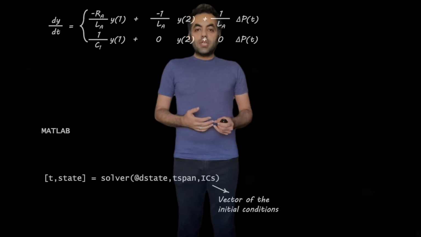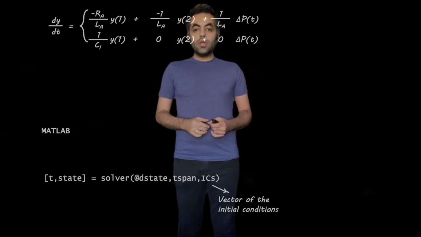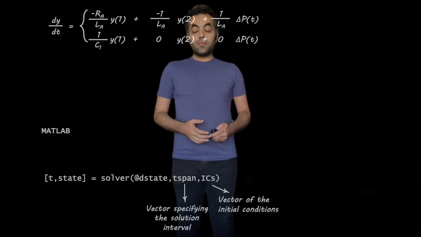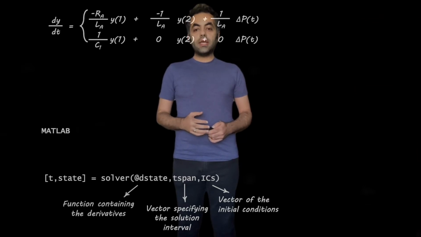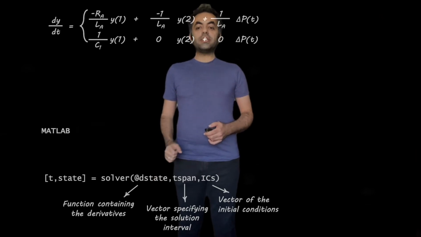In MATLAB, there are different built-in functions that we can use in order to solve these equations using this syntax here. In this syntax, we need to define the initial conditions, the vector specifying the solution interval, and a function that contains the derivatives.